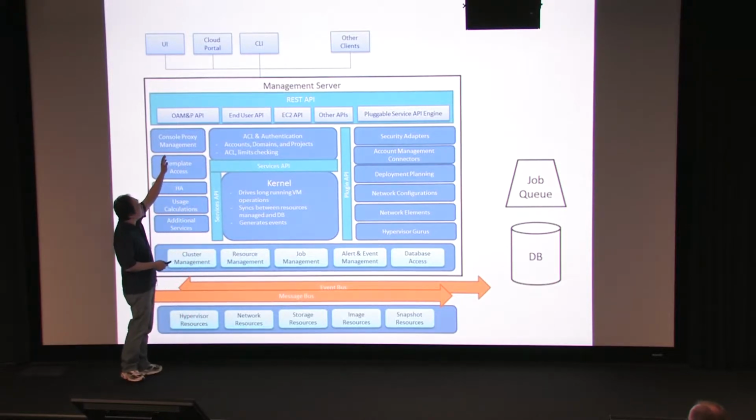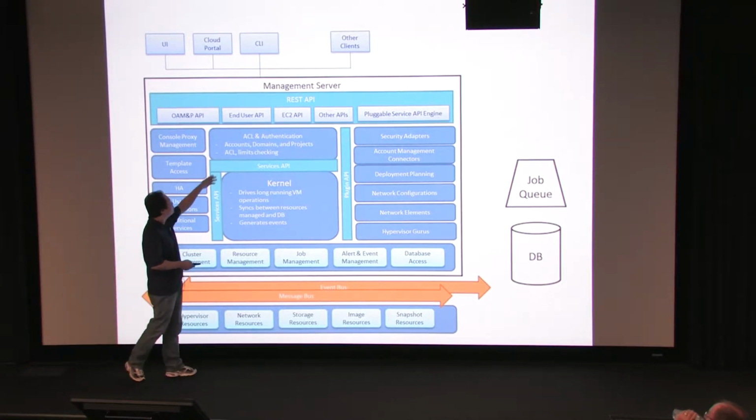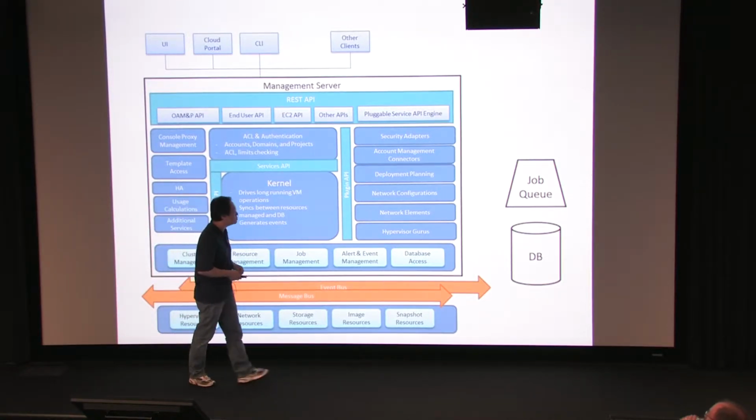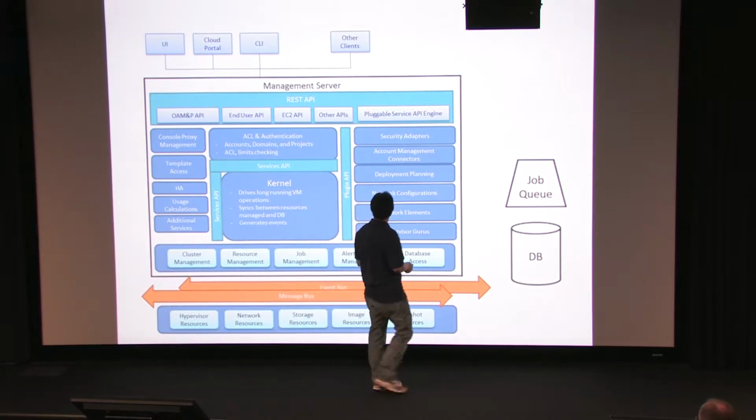We have an architecture such that you can add in different types of API or different compliances to other API structures above, and still map it to CloudStack underneath. And here would be our ACL and checks before someone is able to use it.